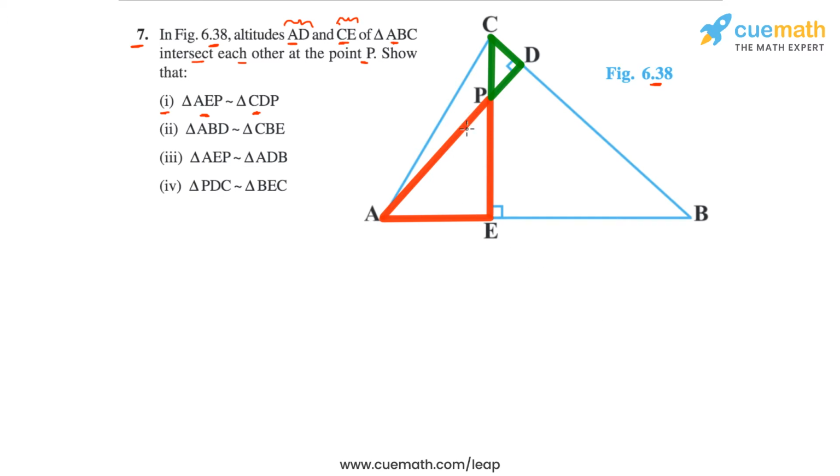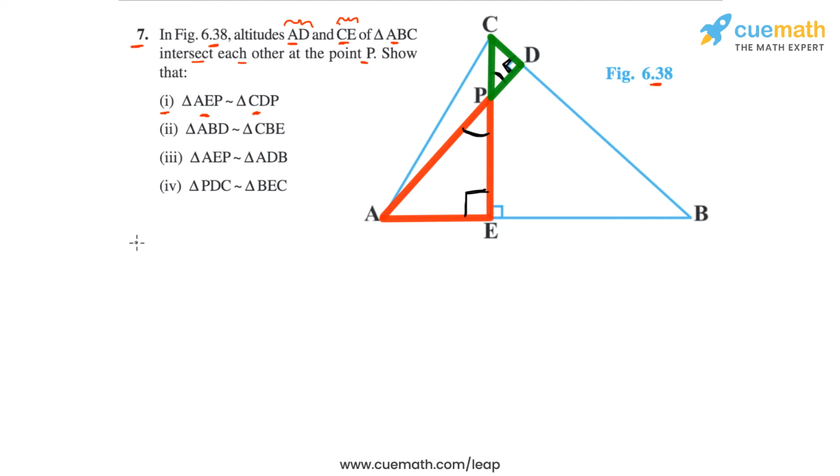So for example, we see that this angle here, angle APE, is equal to this angle here, which is angle CPD, because these two are vertically opposite angles. And also this angle here is 90 degrees, and so is this angle in triangle CPD. Both of these angles are 90 degrees, and therefore we have two pairs of equal angles. So we can apply the AA similarity and claim that the two triangles are similar.